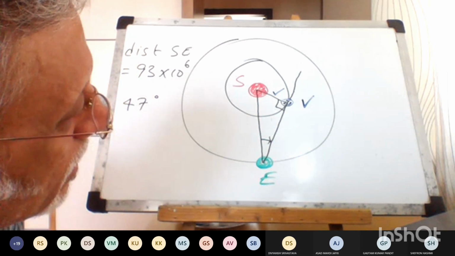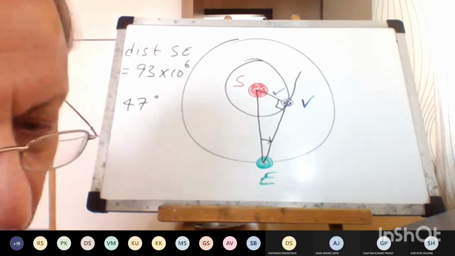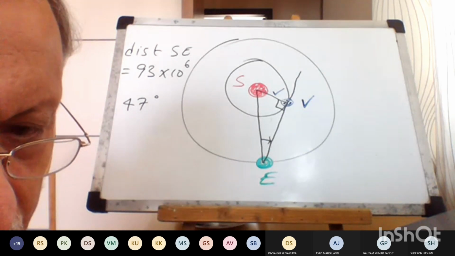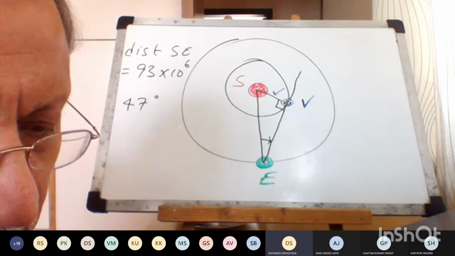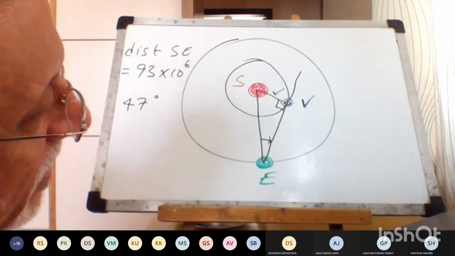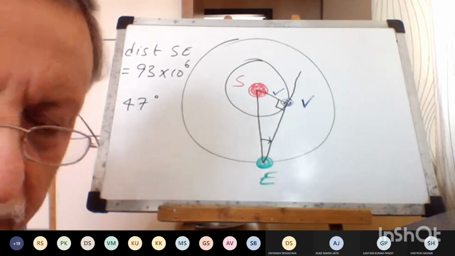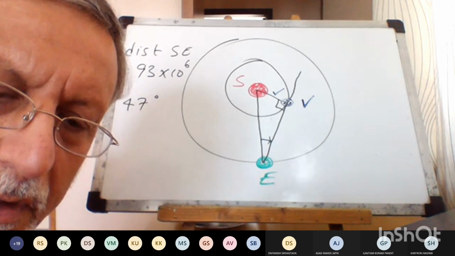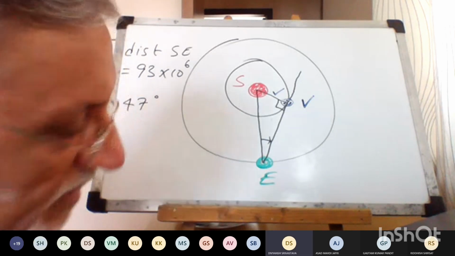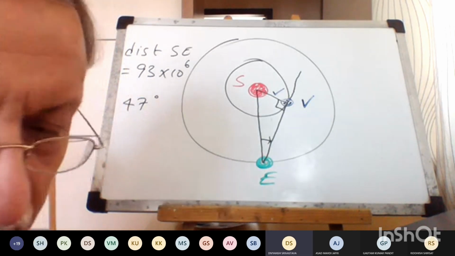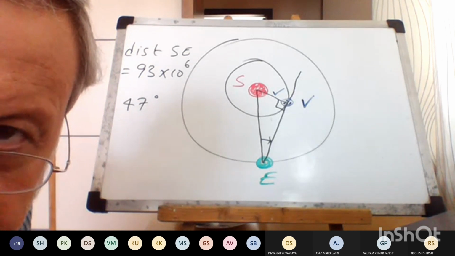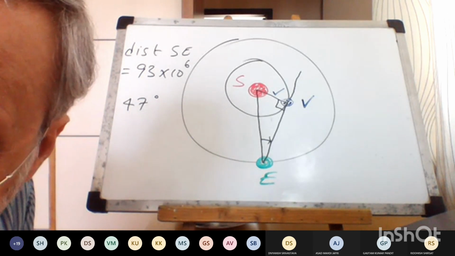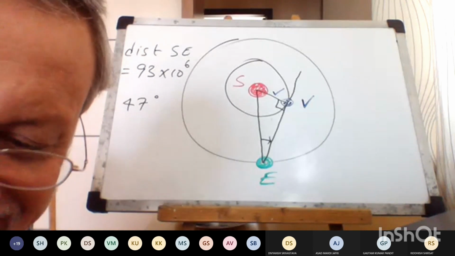Sin theta is equal to perpendicular by hypotenuse. So sin 47 is SV upon SE. Sorry, 47, whatever. You catch my mistakes quickly, but you don't answer.